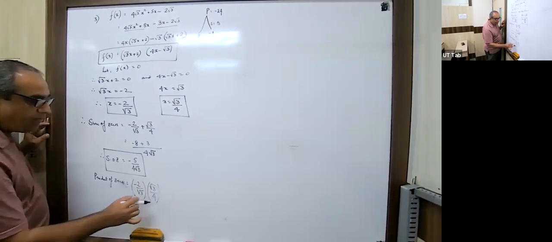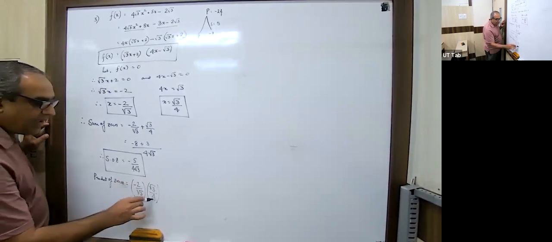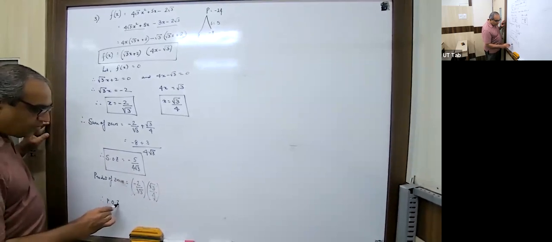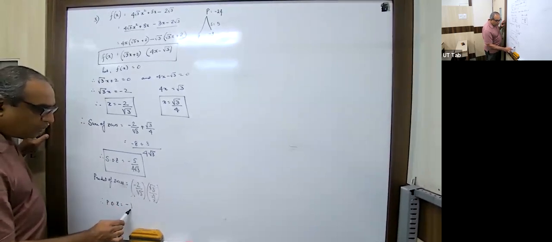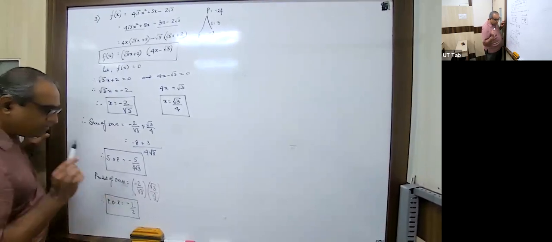Okay? Root 3 gets cancelled. Ones are and this is twos are. Therefore, what is my product of zeros? Minus 1 by 2. First part comes to an end here.